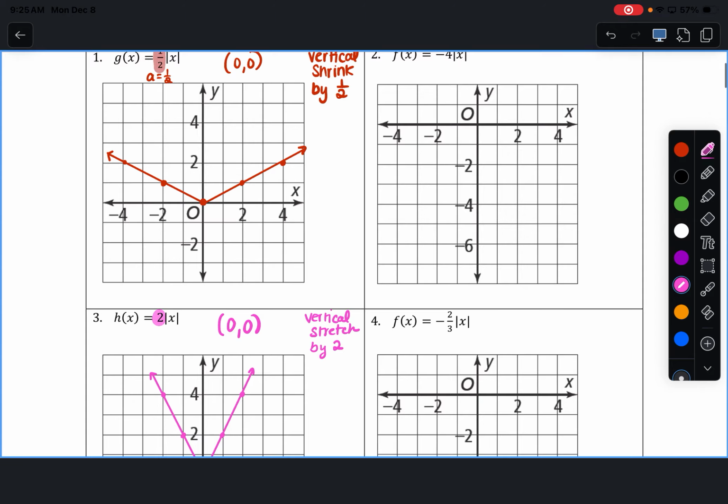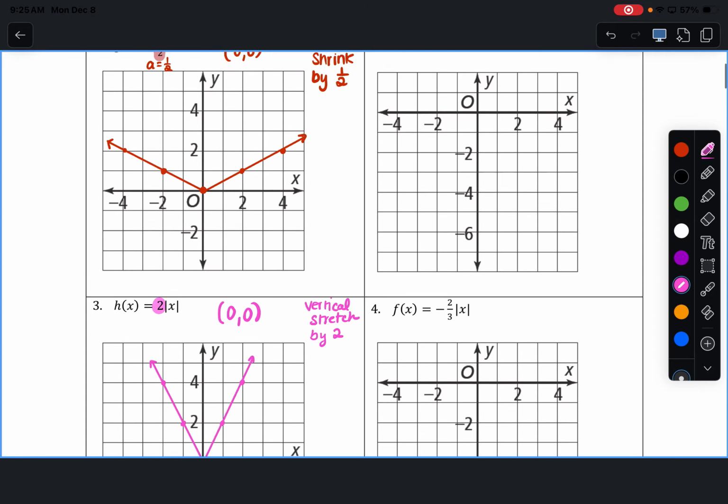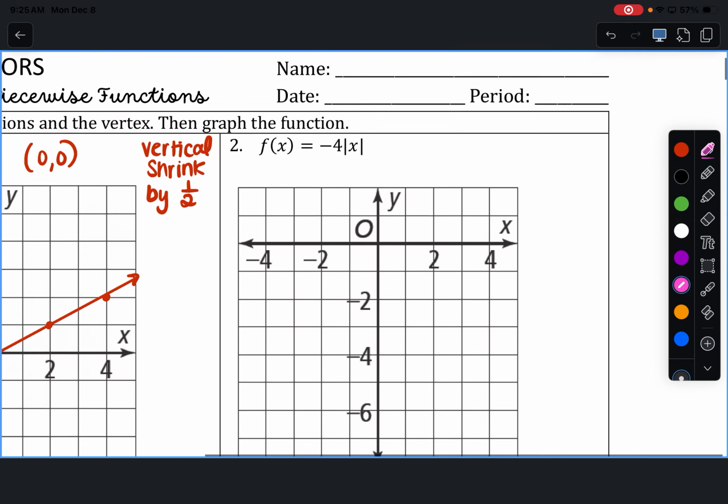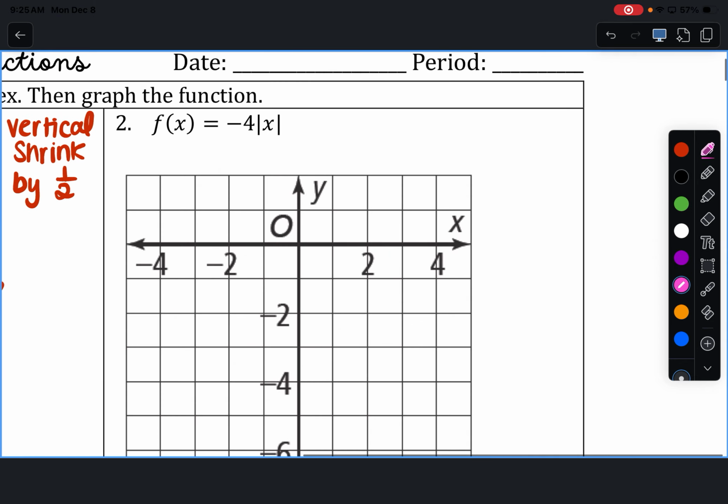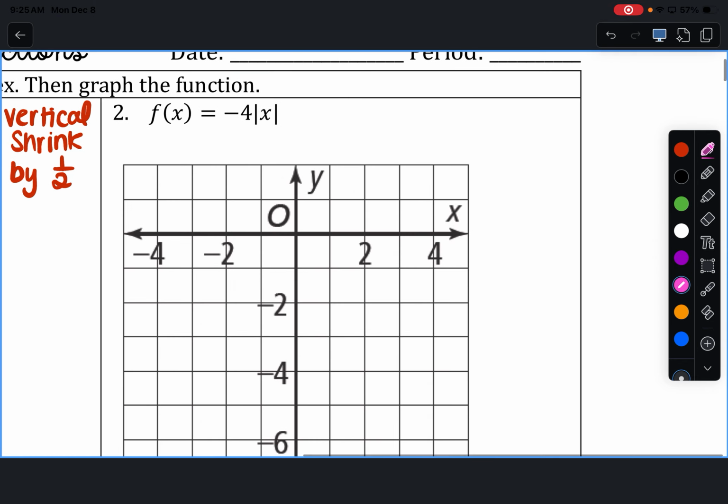number 2. Real quick, I want to go back to this one because I want us to talk about something. How many transformations are in question 2? 2 separate ones. That minus in the very front causes a reflection across the x-axis.